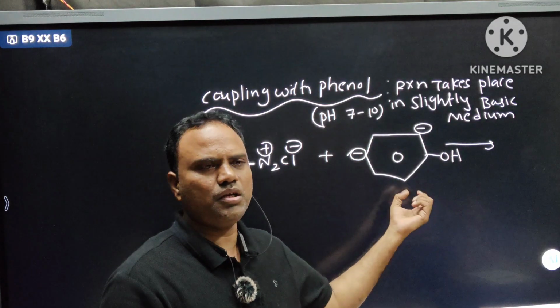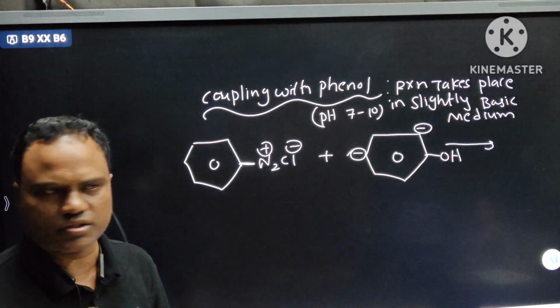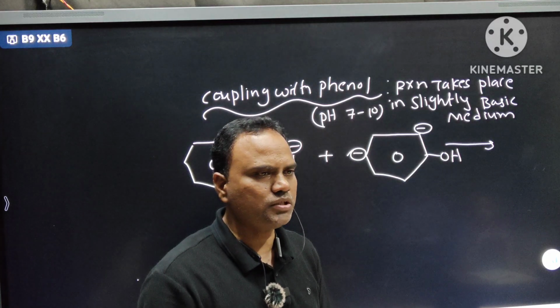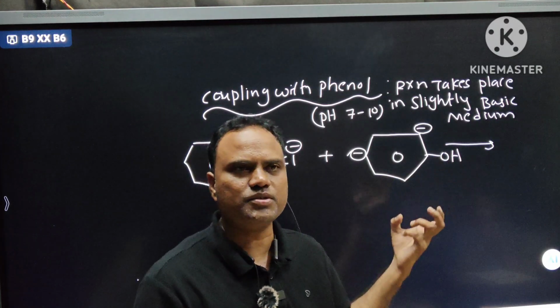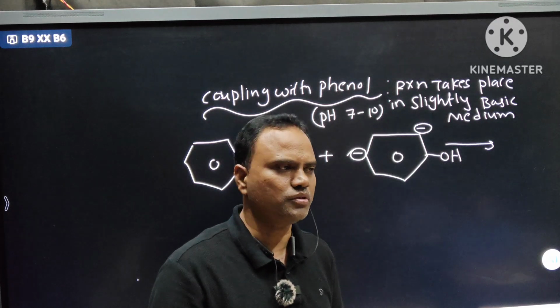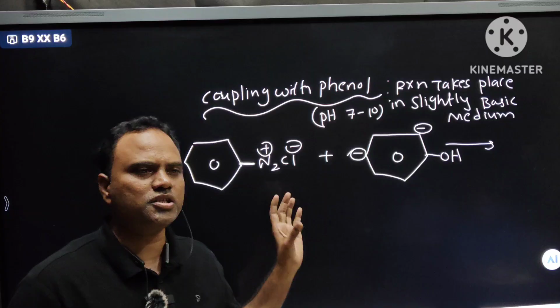Because this is a salt-like compound, N2 plus and Cl negative. So if we use slightly acidic medium, here also we'll get some salt-like compound. So in a salt solution, reactivity will be more. That is the reason. This is N2 plus Cl minus, salt only.